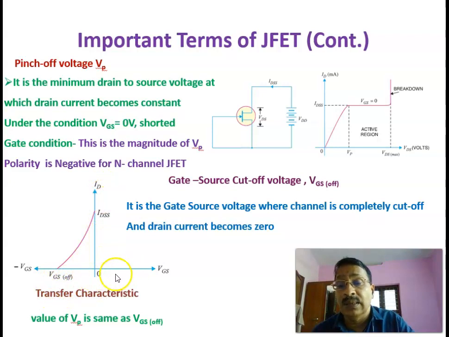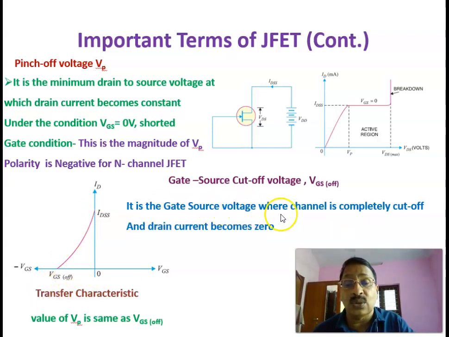If you plot the drain current ID versus VGS for a given VDS, you can see that as VGS becomes more and more negative, the drain current gets reduced, and finally it will become zero. That value of VGS is called VGS off, for which the drain current becomes zero. Therefore, this is the transfer characteristics in which, for a particular value of VGS, the drain current becomes equal to zero.